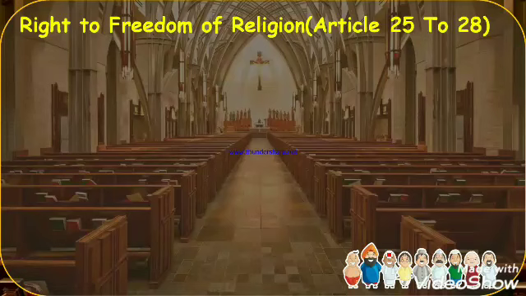Now let's talk about right to freedom of religion. First of all, let's understand what a religion is. In simple terms, religion is something that a person follows by his or her own will. Maybe their parents give this religion to be followed in the whole family. Maybe this is culture.